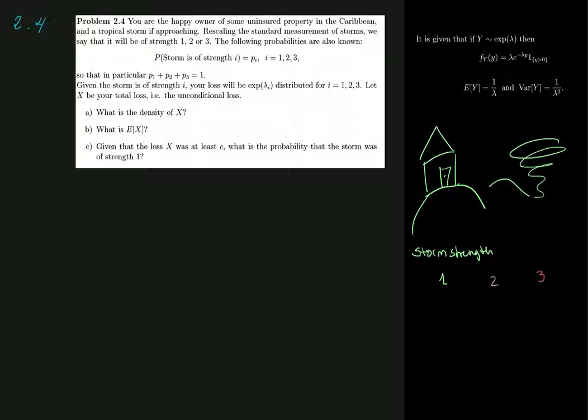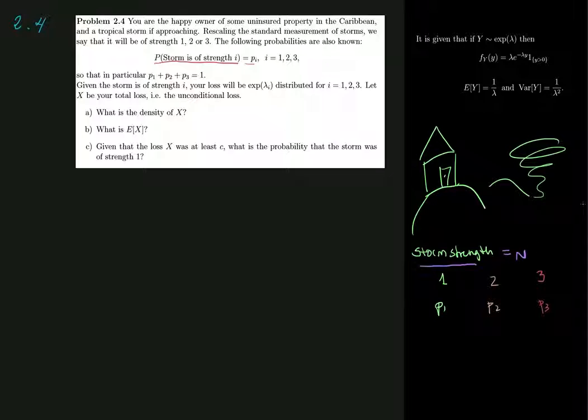And they then tell us that the probability that the storm is of strength i is given by Pi. So with probability P1, the storm has strength 1. With probability P2, the storm has strength 2, and with probability P3, the storm has strength 3. Now, a good way to model this is, instead of writing storm strength, we can call it N, because notation-wise, it's just more efficient.